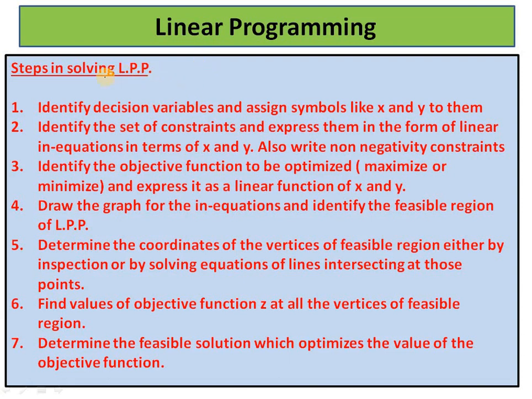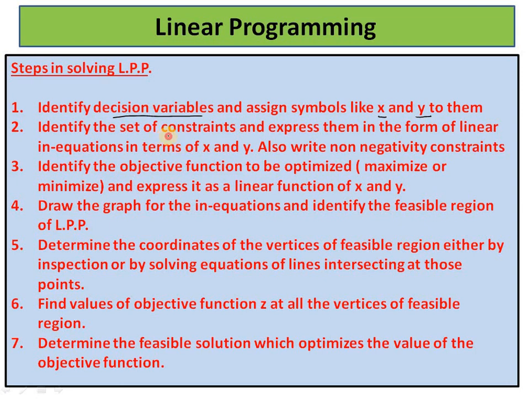Now these are the steps in solving a linear programming problem. I have written them step by step here, but the best thing is that you know how to solve the example. This is just the theory, a summary. Identify the decision variables, which we took as x and y.